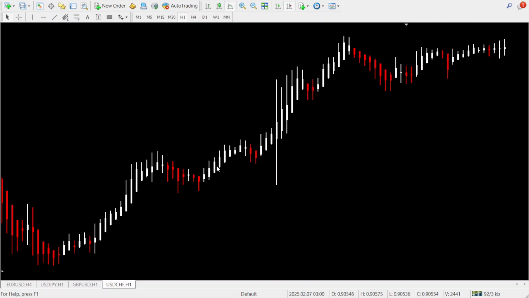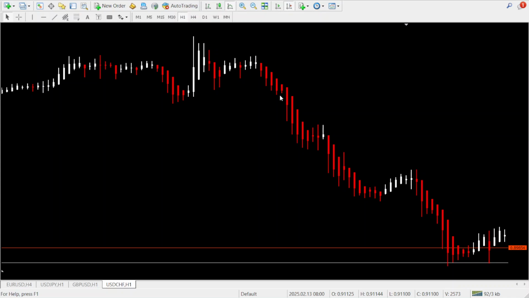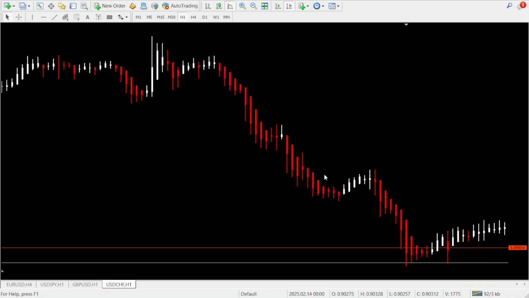If the candles have small or no lower shadows, it indicates that buyers are in control. Then for a downtrend, when you see a series of red Heiken Ashi candles with little or no upper wicks, it shows that there's a strong downtrend. If the candles have small or no upper shadows, it shows that the sellers are in control.